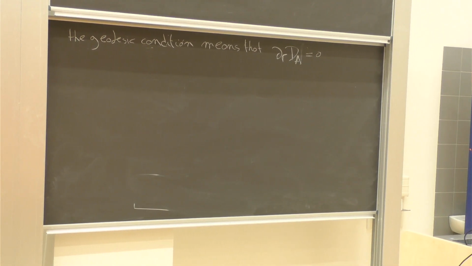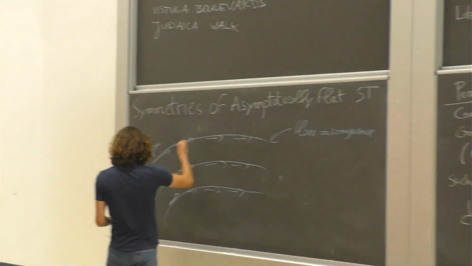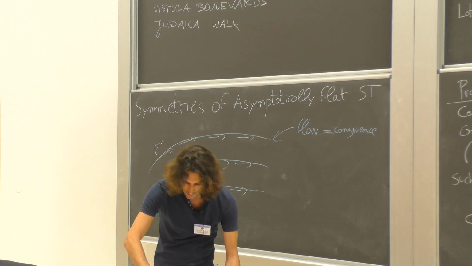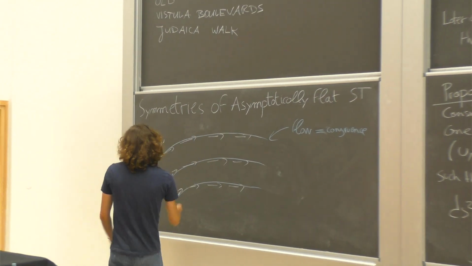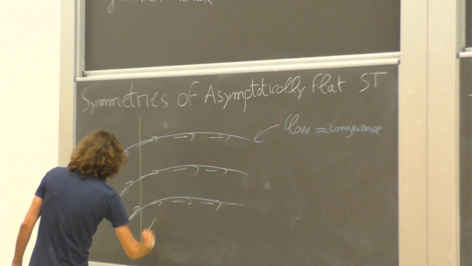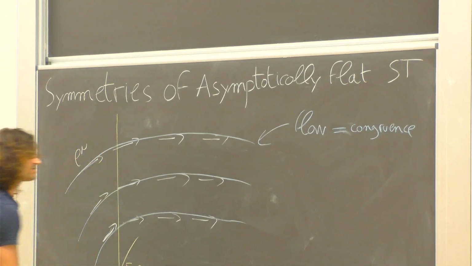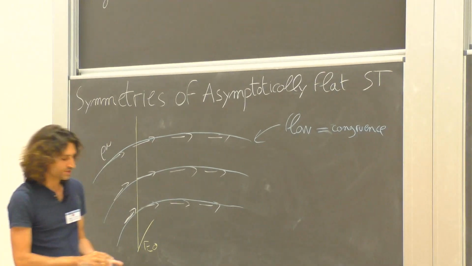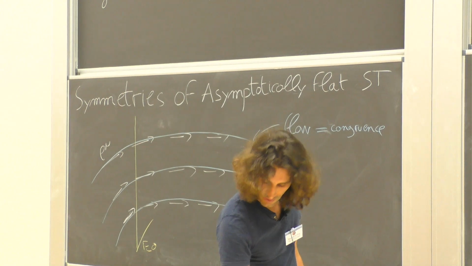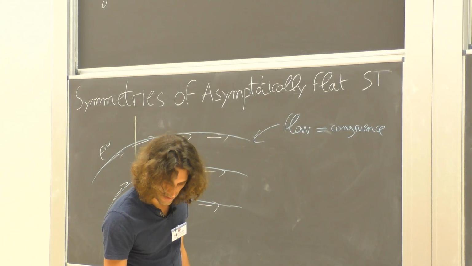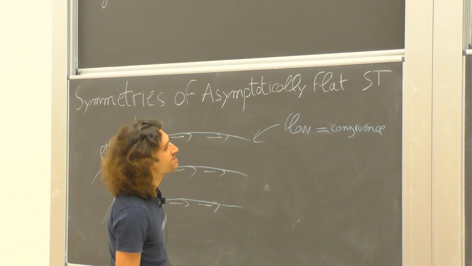Good. So what's the picture? R here is my time flow. I'm not going to prove how to construct this system of coordinates. There is a proof in the notes that you will get. But here's the essential idea.